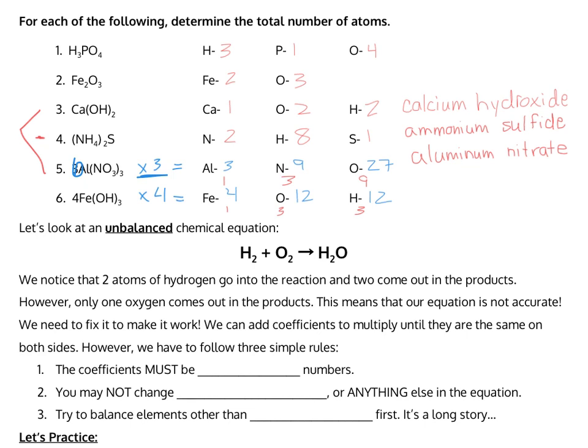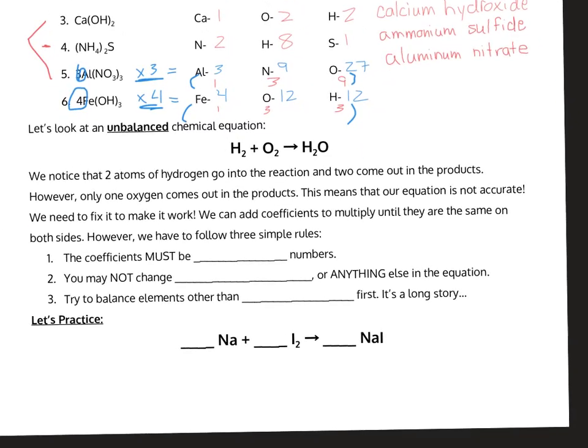It multiplies all of these coefficients times 3. Same with this 4 here. It multiplies all of these coefficients times 4 because of that. For the naming, those are all polyatomic ion naming. You should feel comfortable with any of those ones. The other options we haven't learned how to name, so I would not expect those of you.